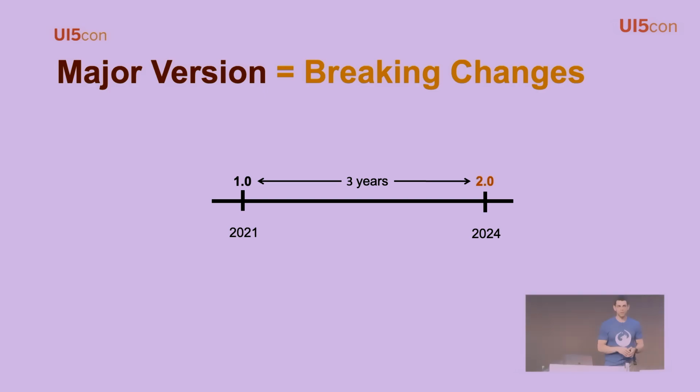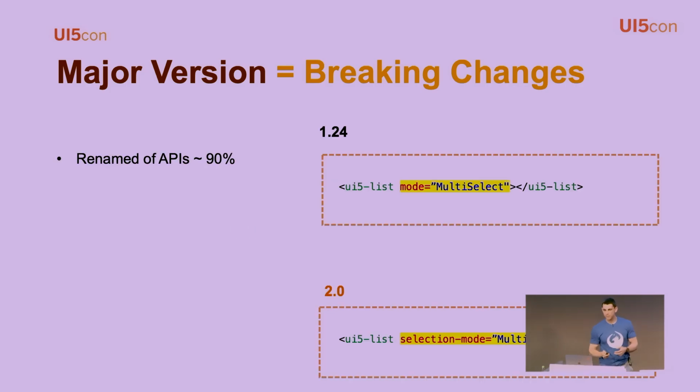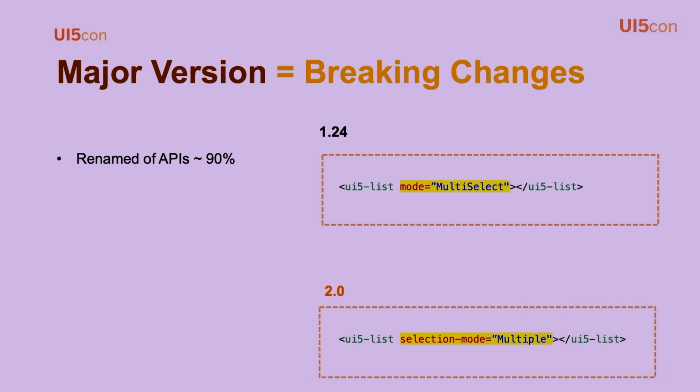So it's not like we are doing this exercise often, because we value stability and we know that code adaptations require some effort. The good part is that most of the breaking changes are pure API renaming, which means that they can be quickly fixed with find and replace in your Visual Studio Code or whatever IDE you are using.